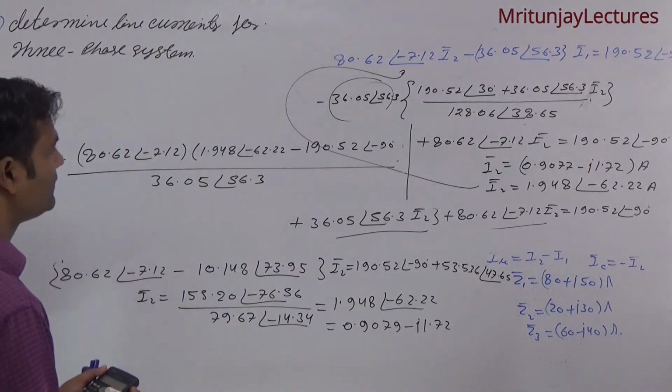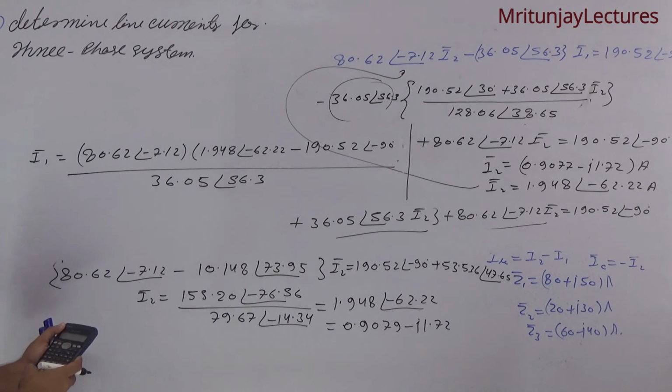Now that is 80.62 at the angle minus 7.12 into 1.948 at the angle minus 62.22, okay, minus 190.52 at the angle minus 90.